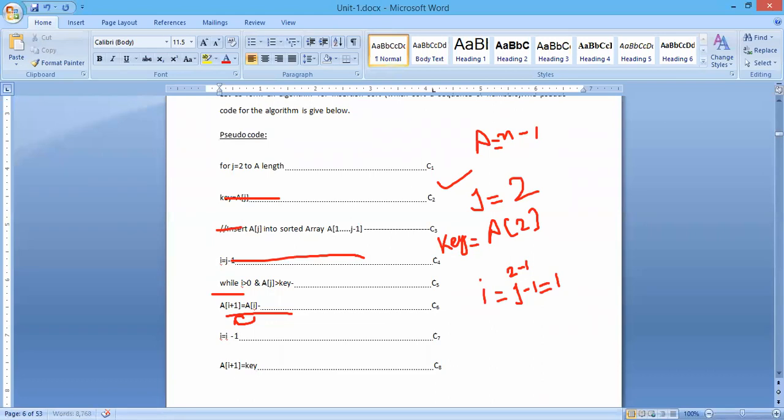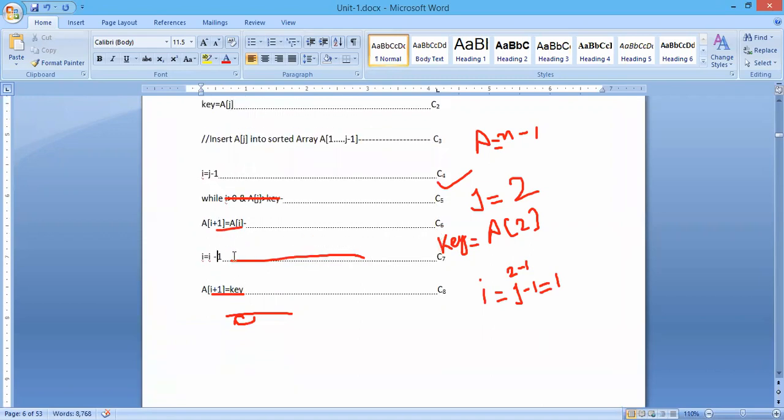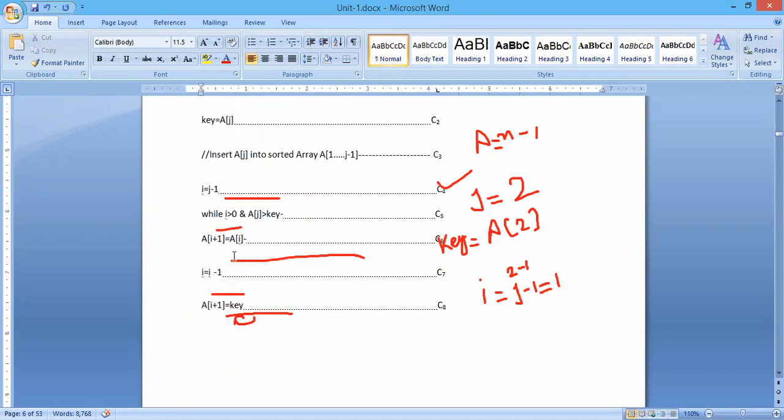Like this. I equals I minus 1, we are going to decrease. And again we process this value, I equals I plus 1. Here we are going to add some value. A of I is going to pass.